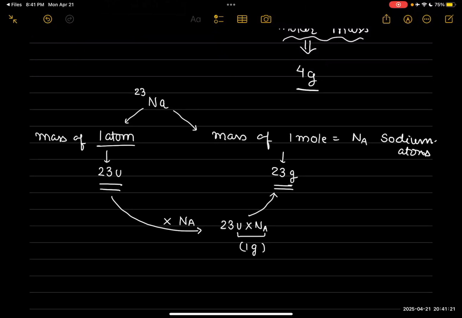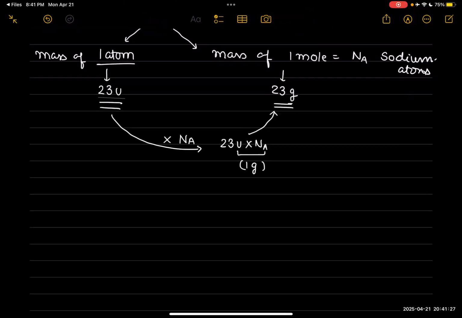But you don't need to do this calculation every time. Just keep it in mind. For example, if I take neon, this is the 10th element. It is a noble gas whose mass number is 20. If I talk about the atomic mass of neon, what will it be?